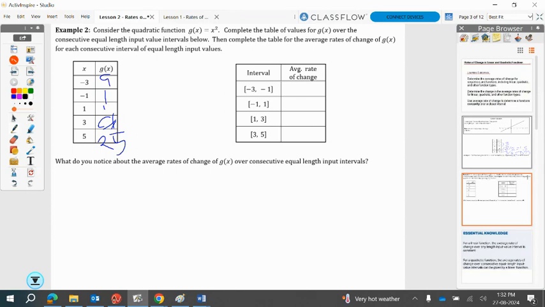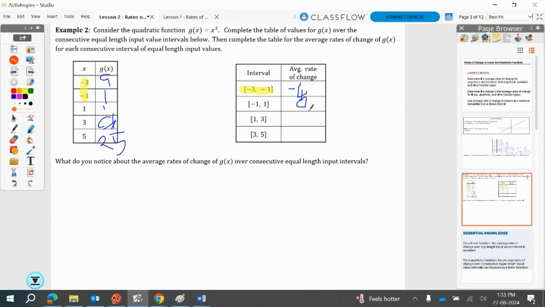Now, what is the average rate of change on the intervals? On the first interval, we've got this interval here from minus 3 to minus 1. The average rate of change there is going to give us minus 4. On this next one, we're going from 1 to 1, so there's no change there.